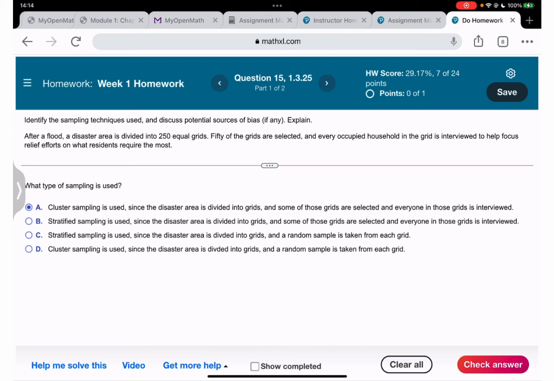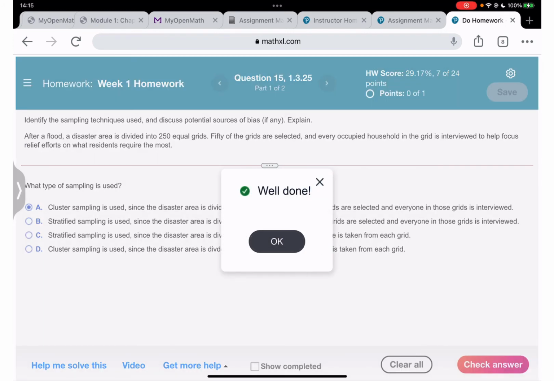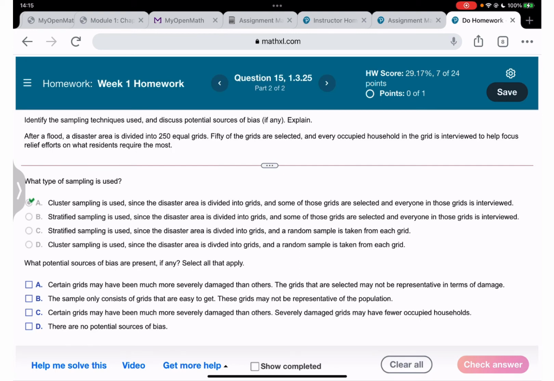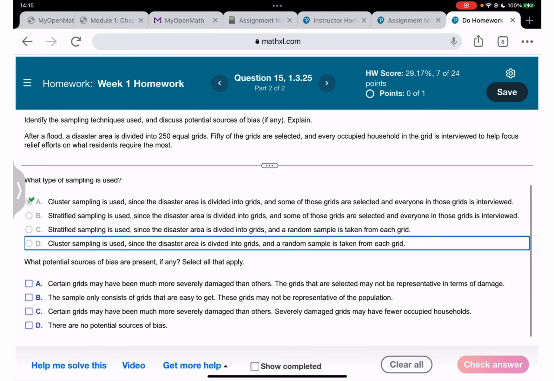Cluster sampling is used since a disaster area is divided into grids, and some of those grids are selected, and everyone in those grids is interviewed. That is the case of cluster. Well done.